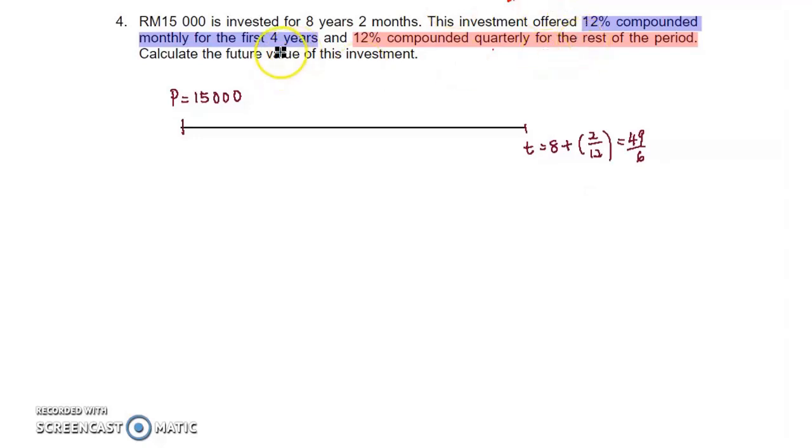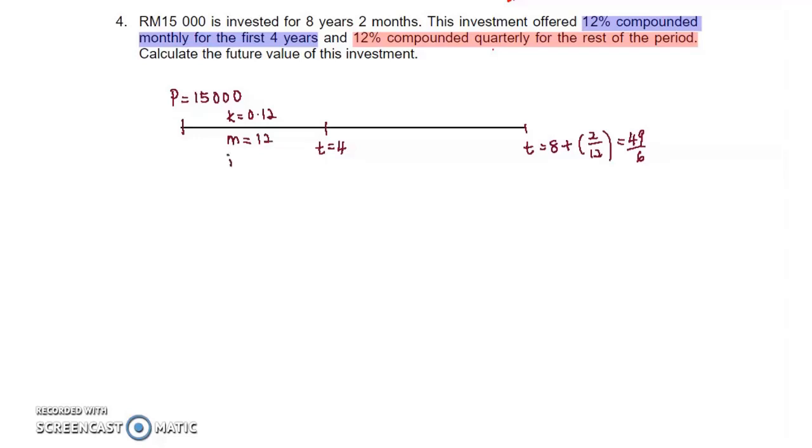Okay, the first 4 years it is 12% compounded monthly. So first 4 years, let's say here year 4, K is 12% compounded monthly, so M equals 12.